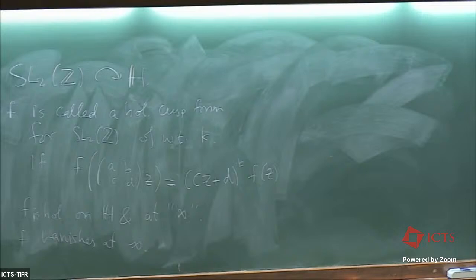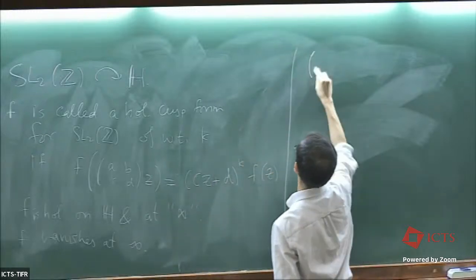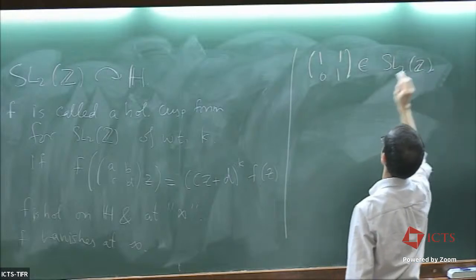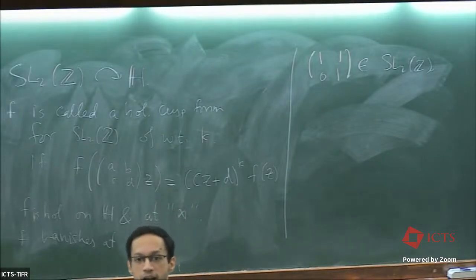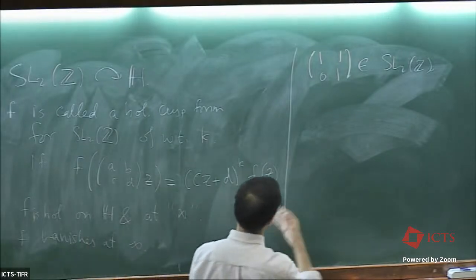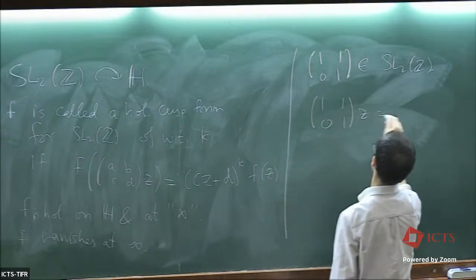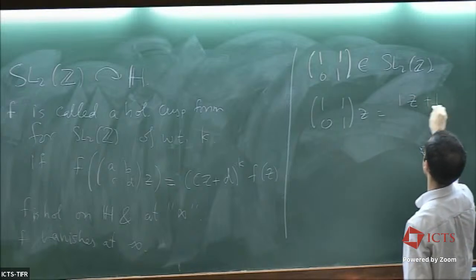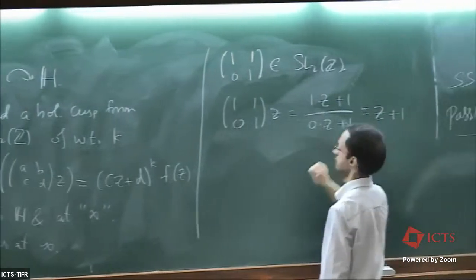But the main point of what I'm going to really do over here is that notice that you have the matrix (1 1; 0 1) in SL2(Z). And if you take this matrix and act on z by it, you exactly get (az+b)/(cz+d), so (1z+1)/(0z+1), which is z+1.